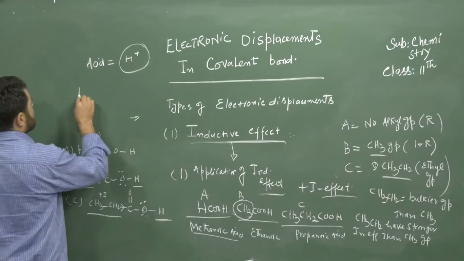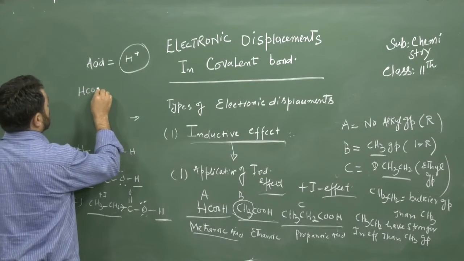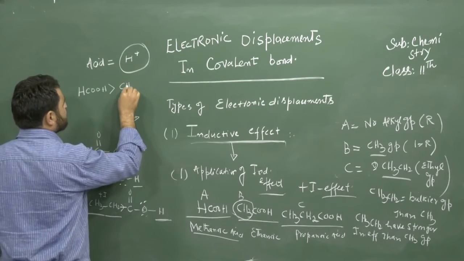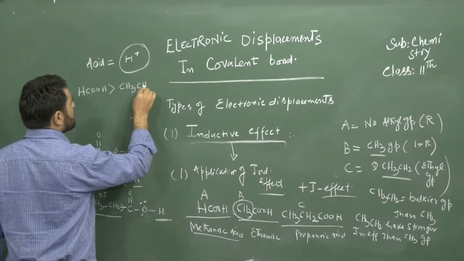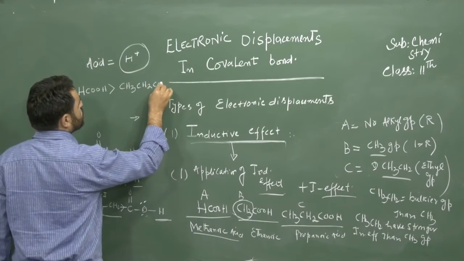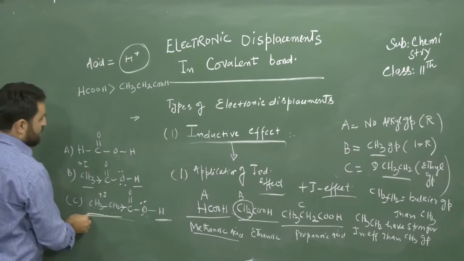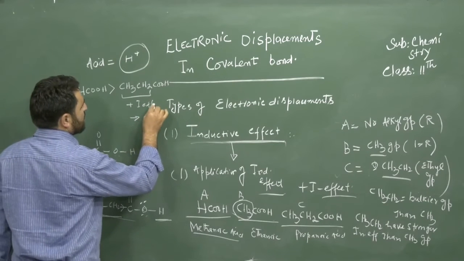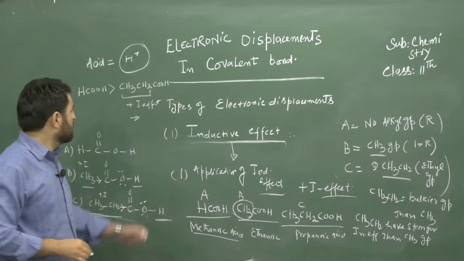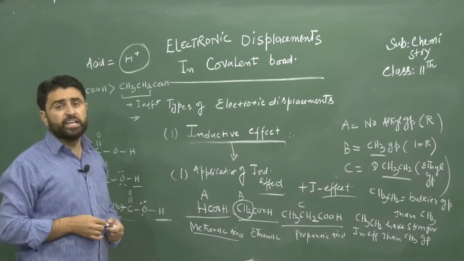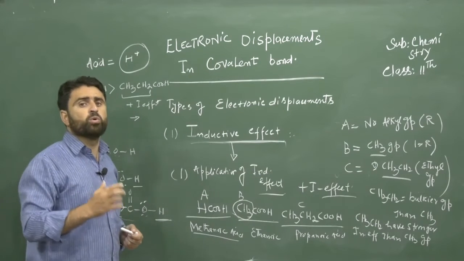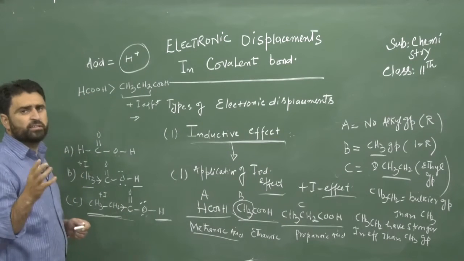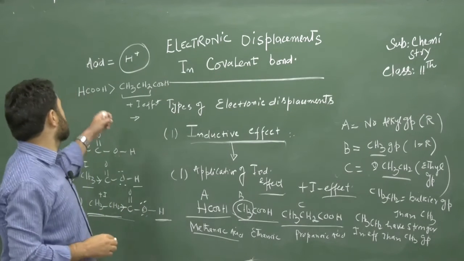So I will write here: HCOOH is a stronger acid than CH3CH2COOH, because this shows a stronger plus I effect. When there is a stronger plus I effect, the H positive is not released as rapidly. But this does not contain any methyl group, therefore it is a stronger acid.